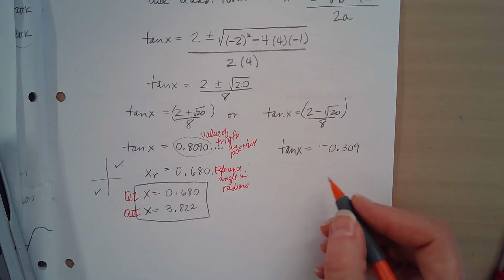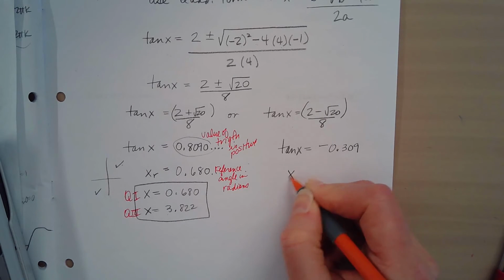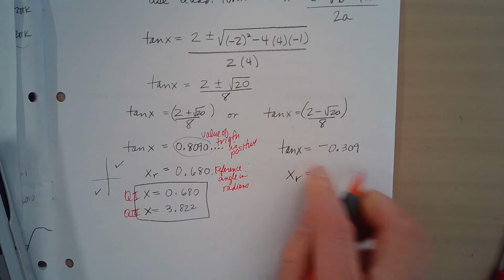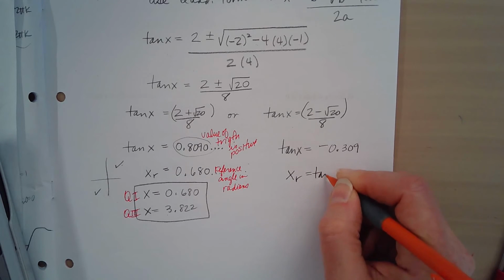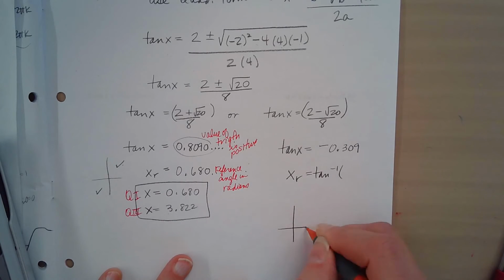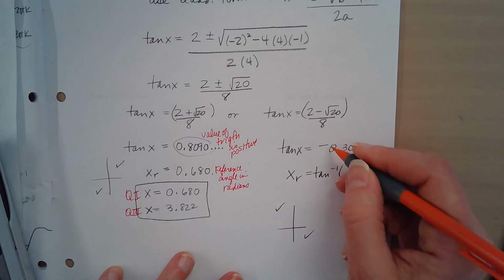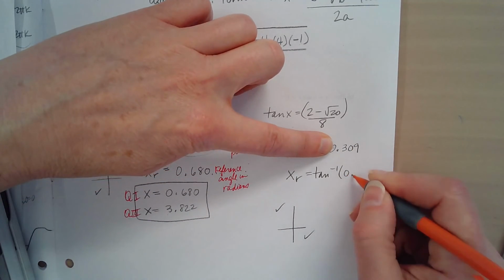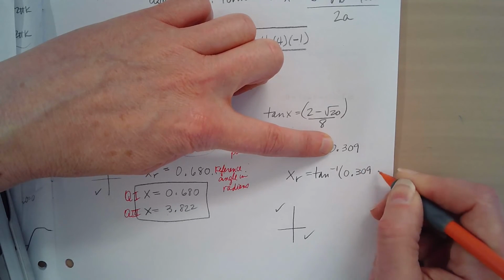Okay, so now I'll solve for my reference angle again, right? Remember when you're solving for your reference angle, you don't put the negative in. The negative's just telling you you're solving in quadrants 2 and 4. So I'm just shift tanning this.